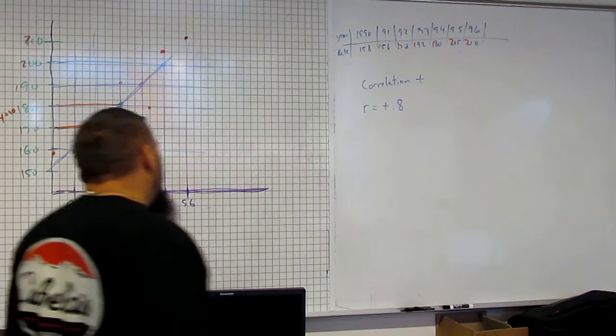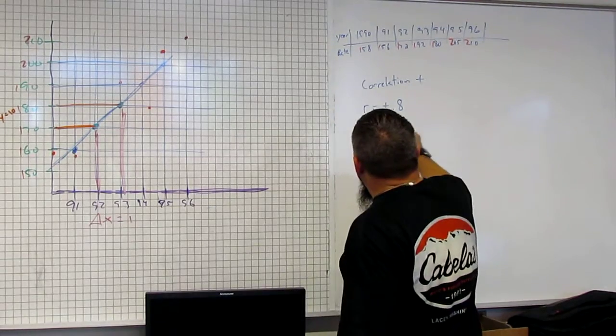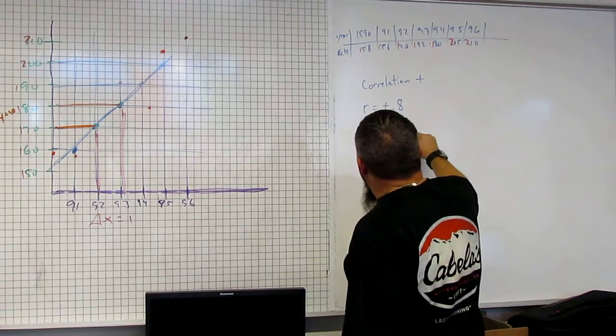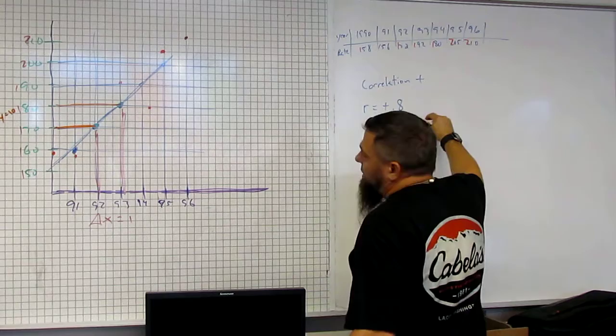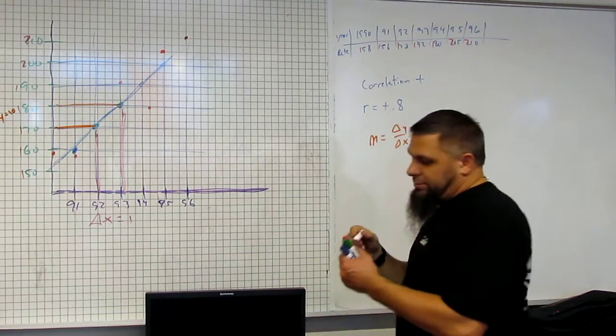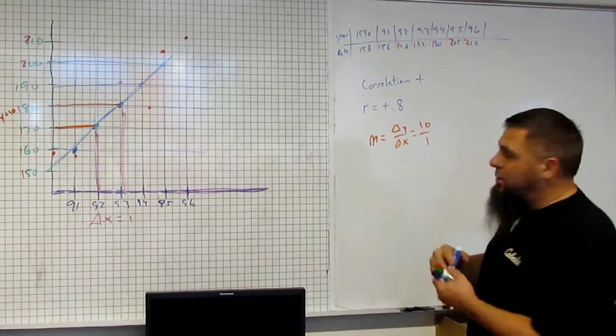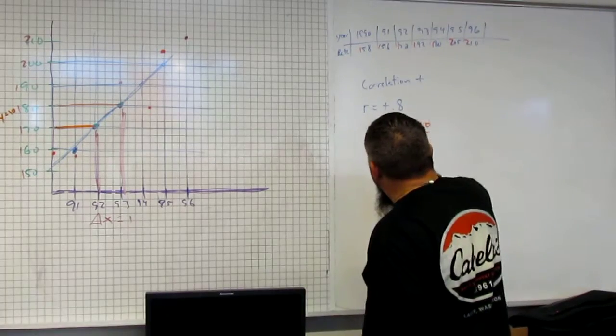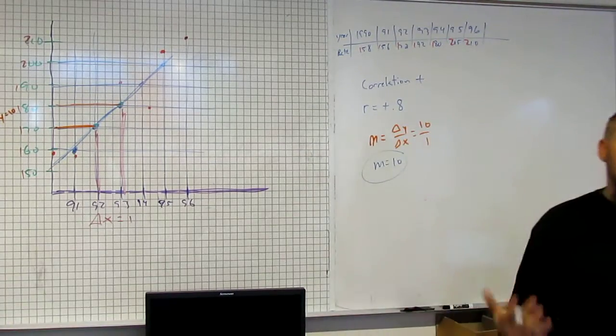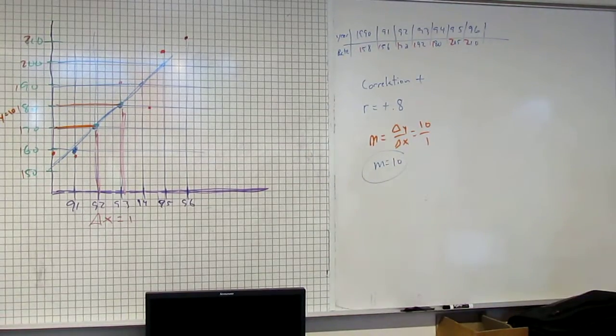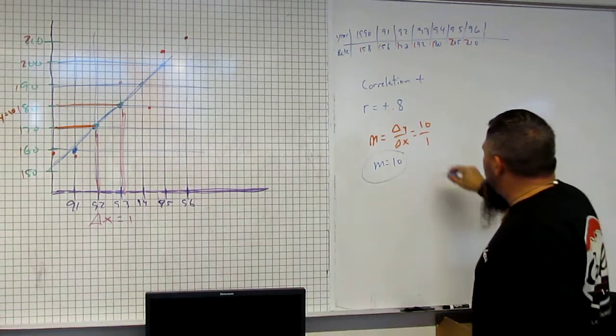Okay? So that means that m is equal to delta y over delta x, which is equal to 10 over 1. So what's my slope? m is equal to 10, yeah? It's a positive 10 slope. Okay? So y equals mx plus b.